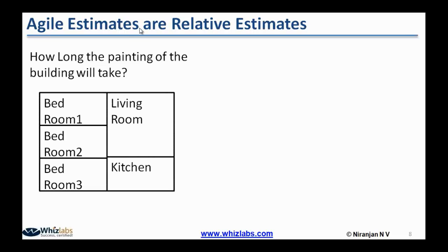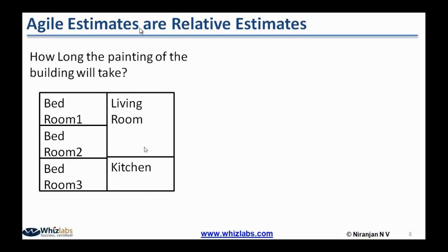Let us assume that there is a 3-bedroom house: bedroom 1, bedroom 2, bedroom 3. All 3 bedrooms are equal in size, and assume the living room is twice as big as a bedroom, and there is also a kitchen. Suppose this is a new building.